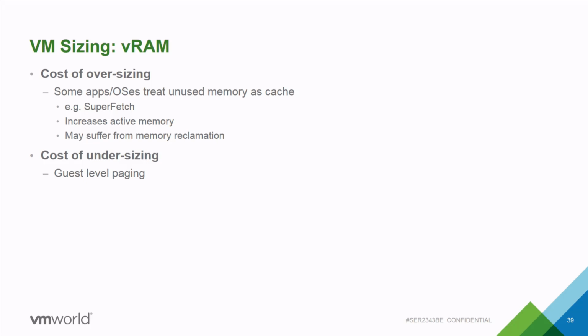So even though it doesn't really need so much memory, it will appear to be fully utilized. Second, even if that memory is not touched often, once it's allocated, reclaiming it is expensive. You need to kick it out by whatever page reclaiming technology to make it useful for other virtual machines. So memory oversizing can be expensive.